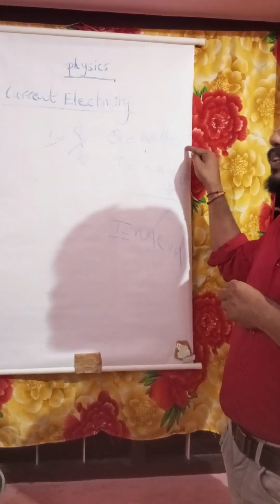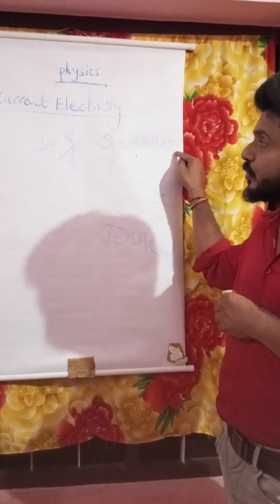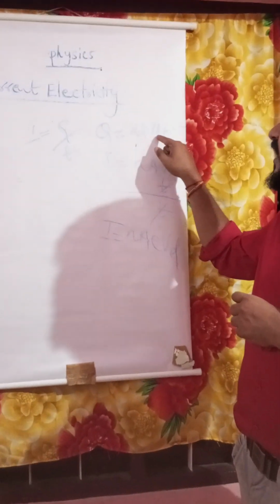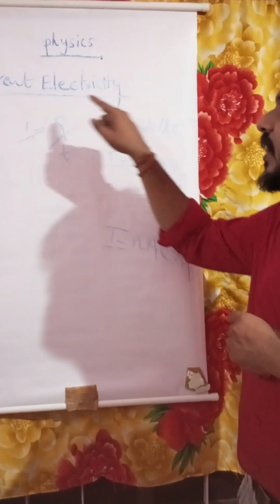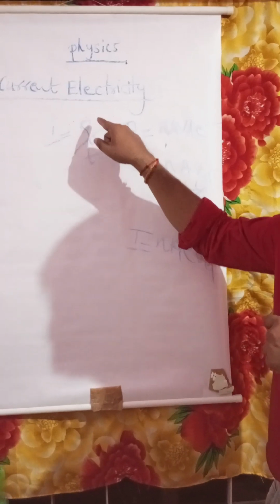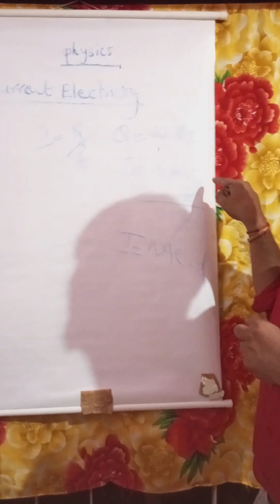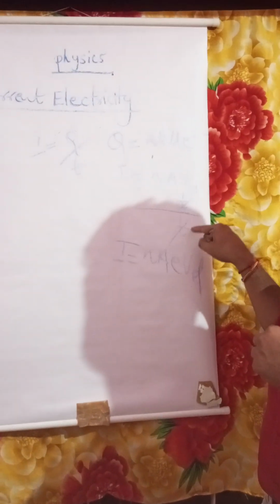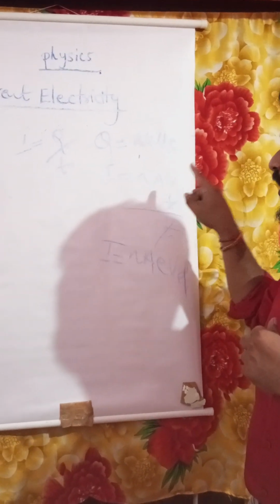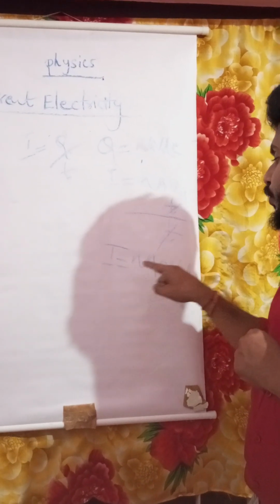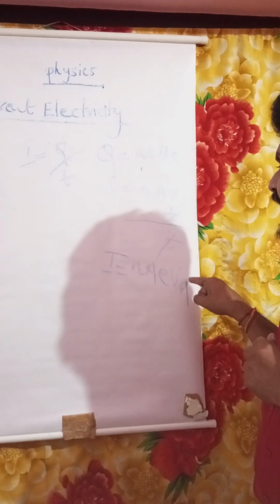Then with respect to time, it becomes nAVd e into T. Considering the current I is equal to Q by T, I is equal to nAVd e T divided by T. So T and T get cancelled. The current will be equal to nAeVd.